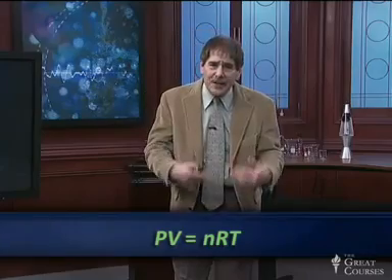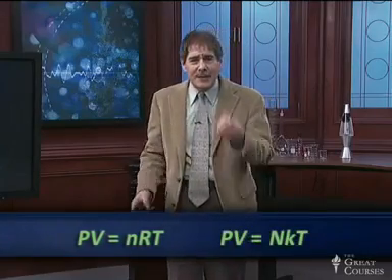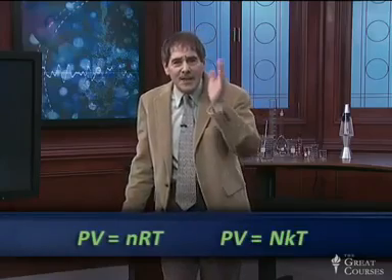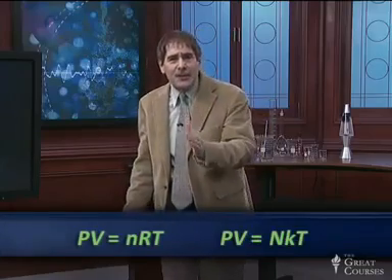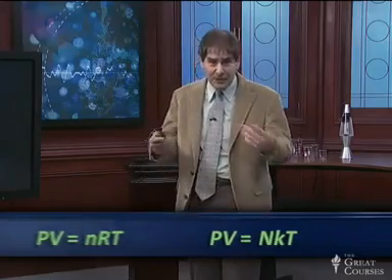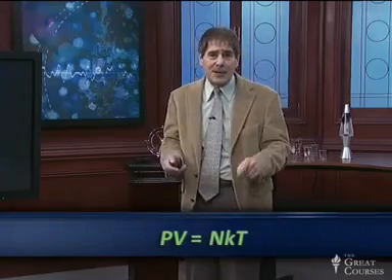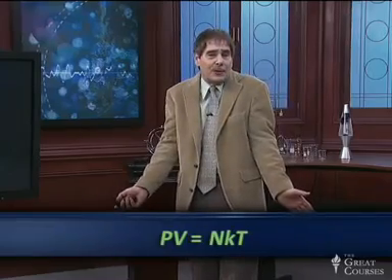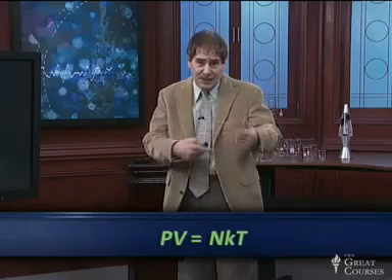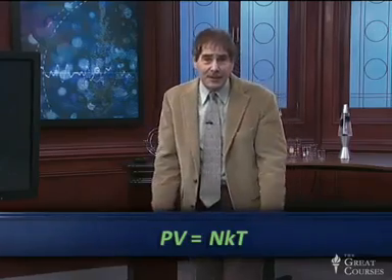We physicists tend to write it as nKT because that gets sort of more down to the basics, the number of individual molecules, the relationship between energy and temperature, and then the temperature. So I'm going to write the ideal gas law exclusively in this form, PV equals nKT, but if you've learned it as nRT, it's exactly the same thing. We just define the constant and the counting of molecules differently.